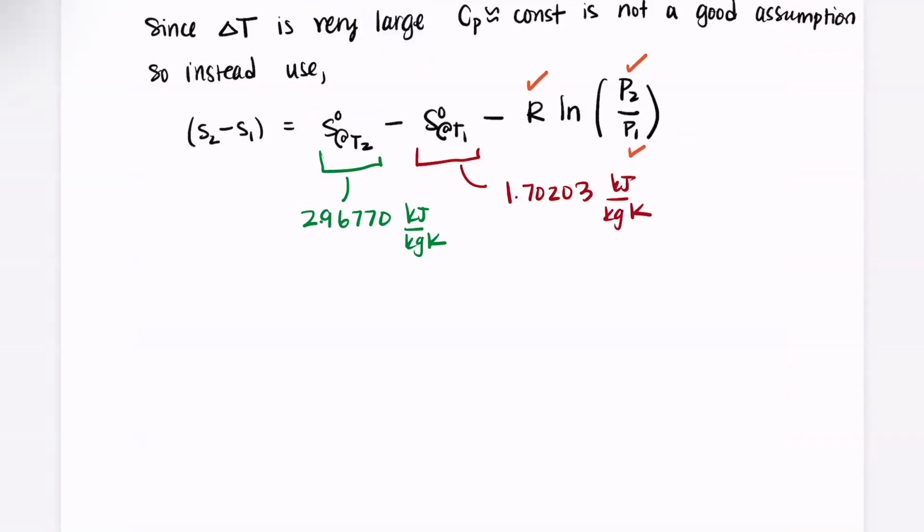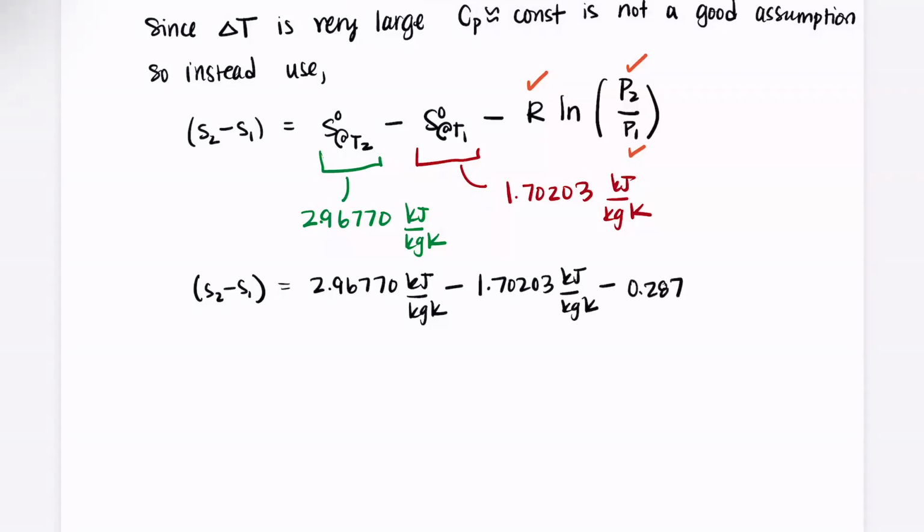All right, and now I'm just going to do this arithmetic. So I have S2 minus S1 is equal to 2.96770 kilojoules per kilogram K minus 1.70203 kilojoules per kilogram K minus R, which is our ideal gas constant, which is 0.287 kilojoules per kilogram K. And then we have natural log of our pressure ratio.